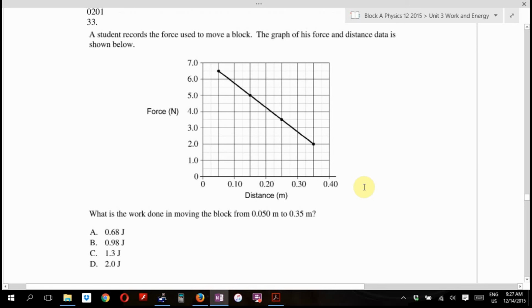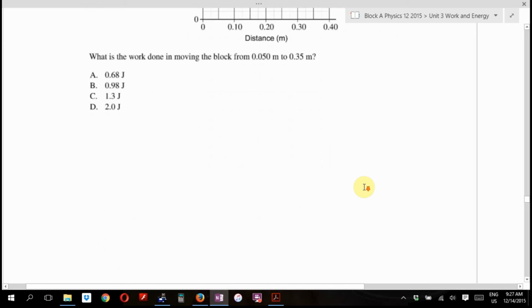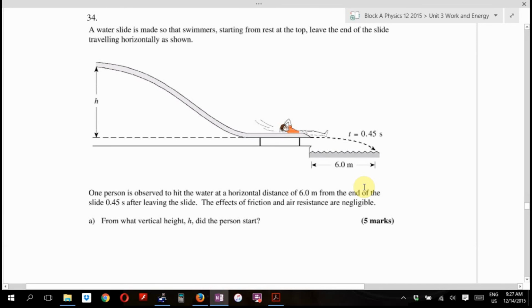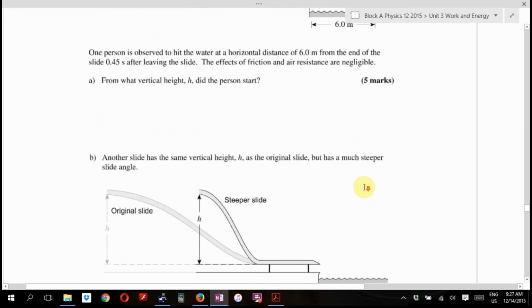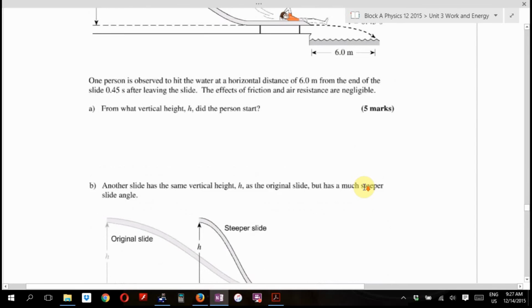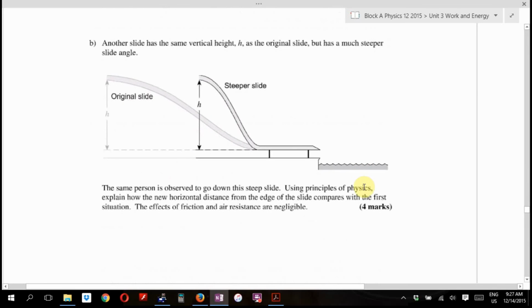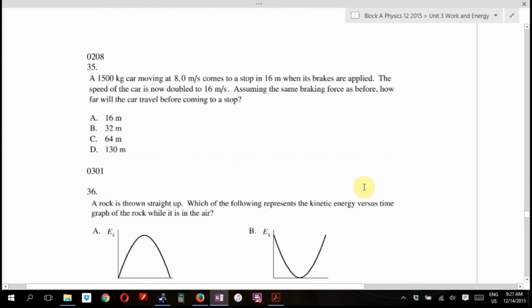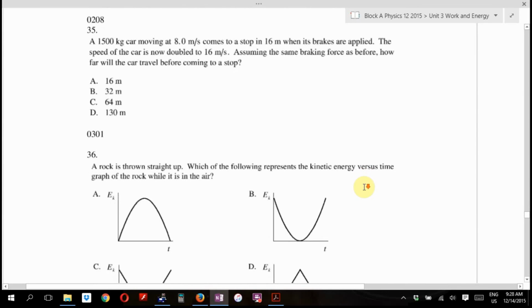I like 33. Ooh, water slide. This one's a little bit... I like 34B. I like 35.